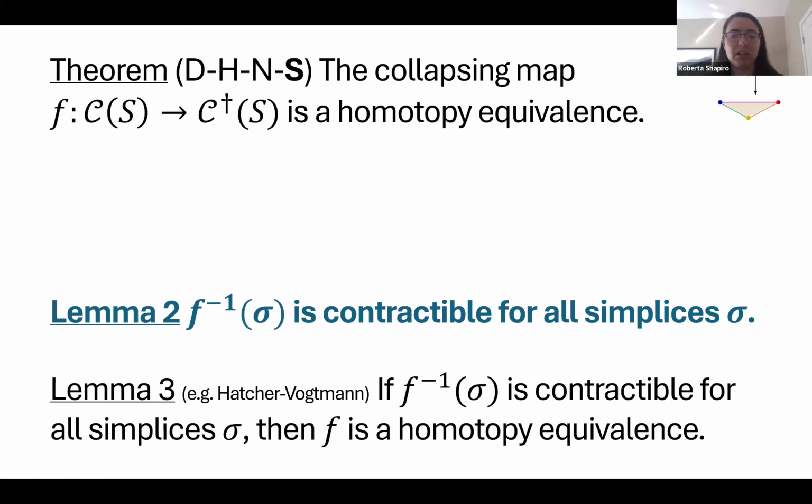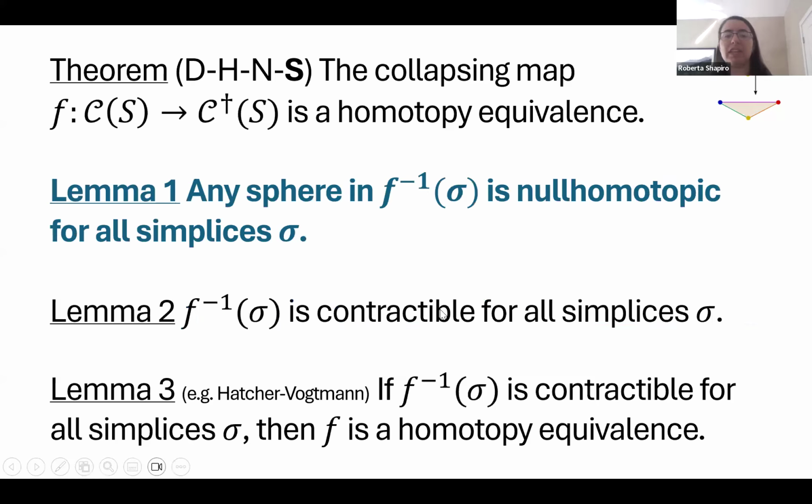But how can we do that? Well, one way is to take the continuous image of any sphere into the preimage of a simplex. It's enough to show that it's null homotopic for all simplices by using Whitehead's theorem and also citing the fact that the fine curve complex is a CW complex. So really, we're reduced to just showing that any sphere in the preimage of a simplex is null homotopic.